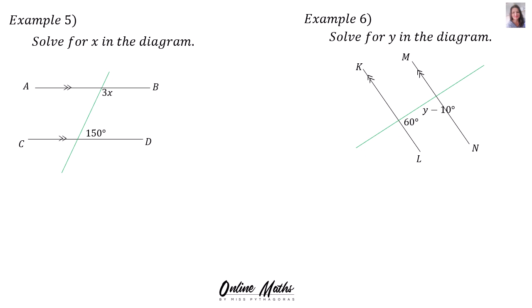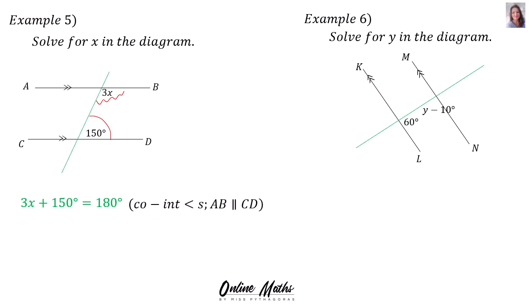Example 5. Solve for x in the diagram. Now can you see we have 3x and 150, and the two of them, they form co-interior angles. So now we can say, remember, they are not equal, they are supplementary. So we say 3x plus 150 is equal to 180 degrees.